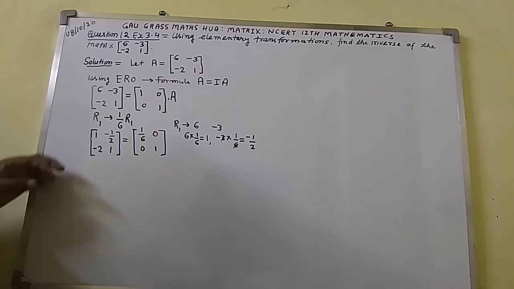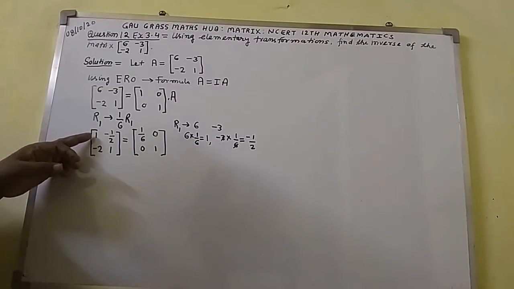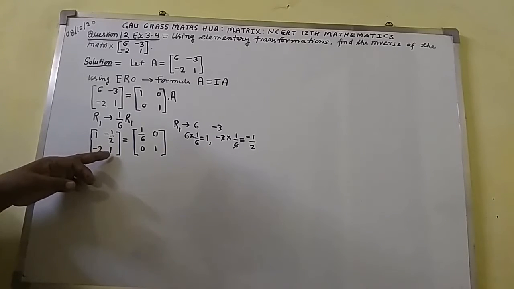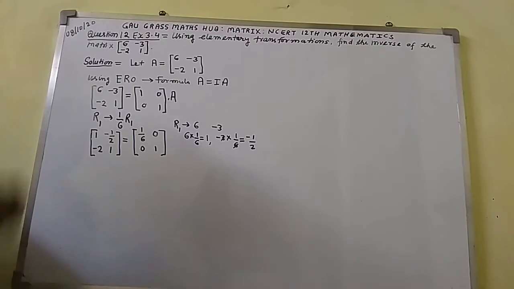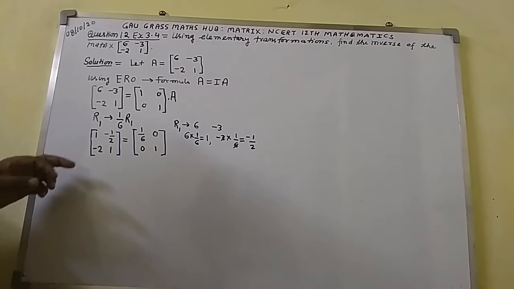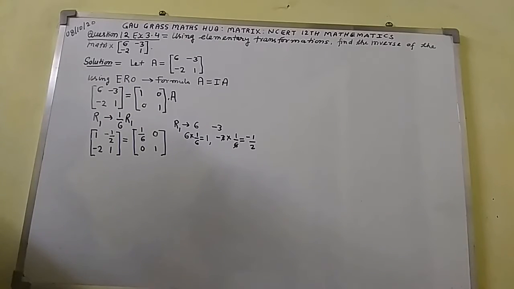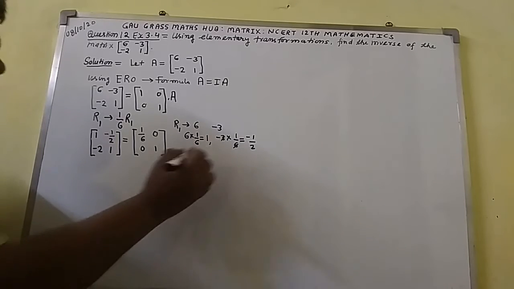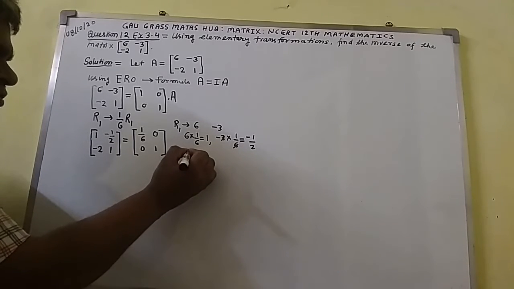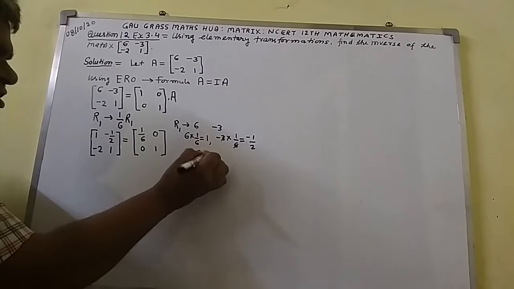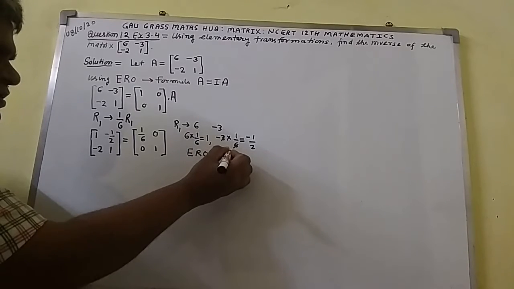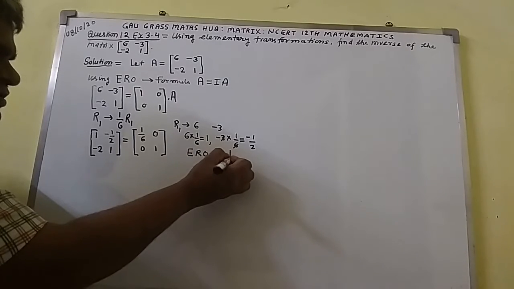Now, the elements of principal diagonal here have become 1. You know, for elementary row operation, all operations will be carried out in anti-clockwise direction. The operation for row operation will be carried out in anti-clockwise direction.